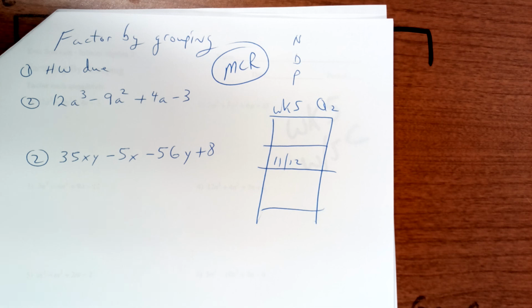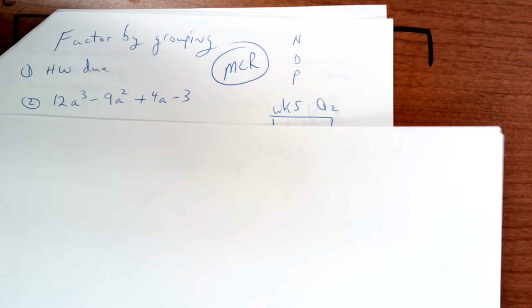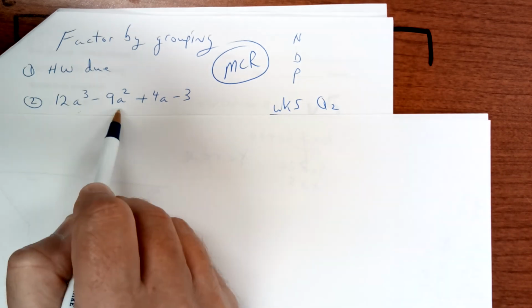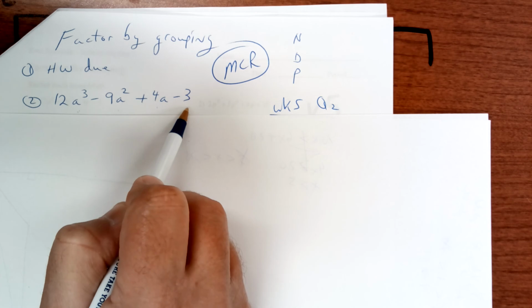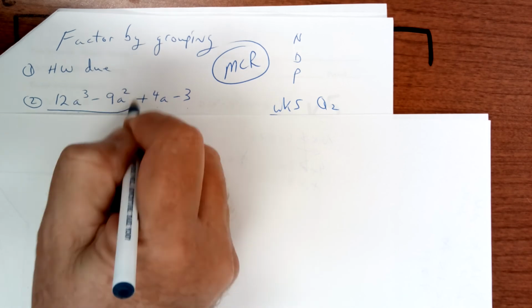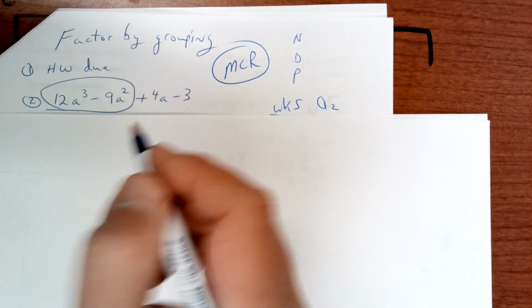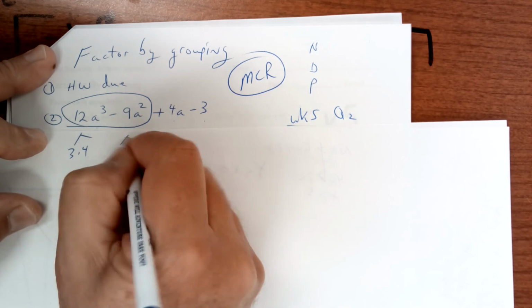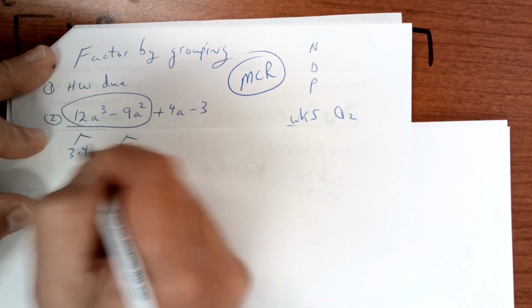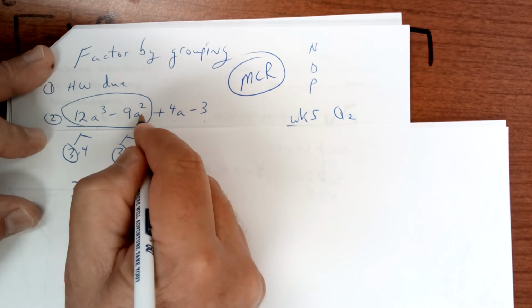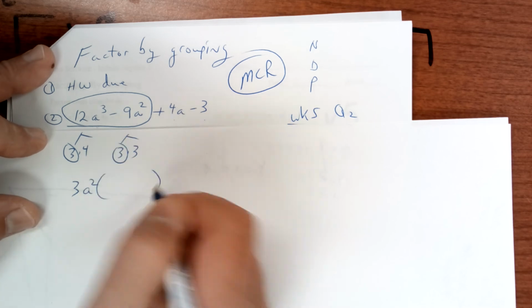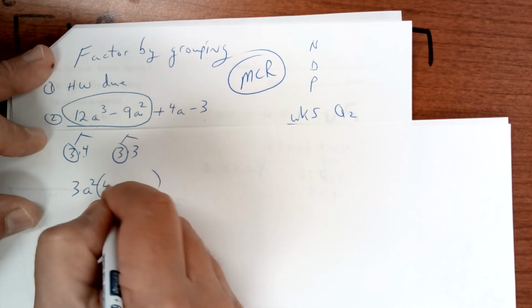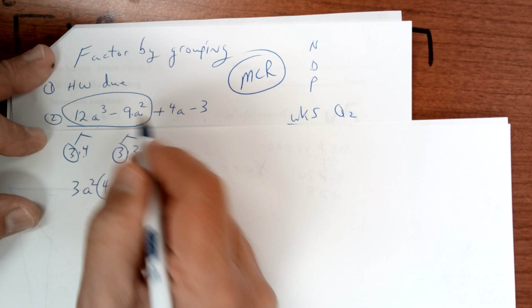So on this one right here, notice that this has an A, this has an A, this has an A, but this one doesn't. What we're going to do is group these together, and it looks like they have a 3. This one is 3 times 4, and this one is 3 times 3. So I'm going to take out a 3, and they also have 2 A's in common. So I'm left with a 4A here, and I'm left with a 3 here.